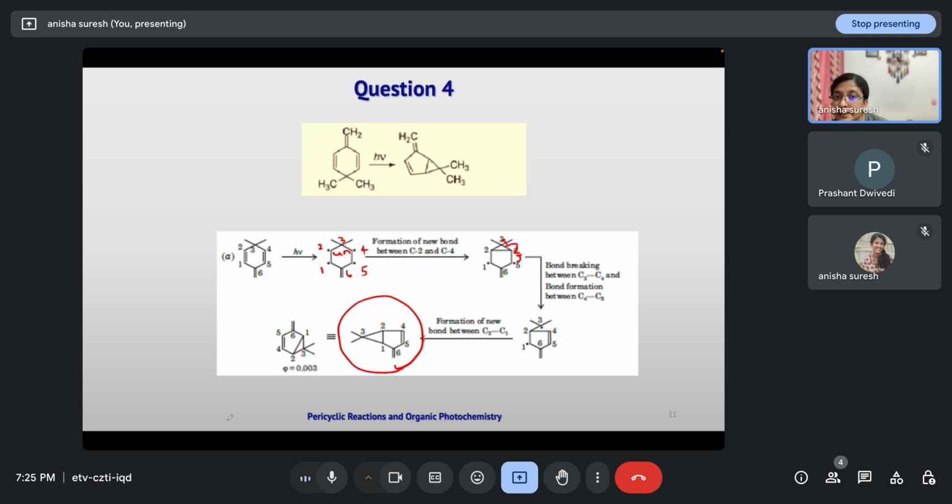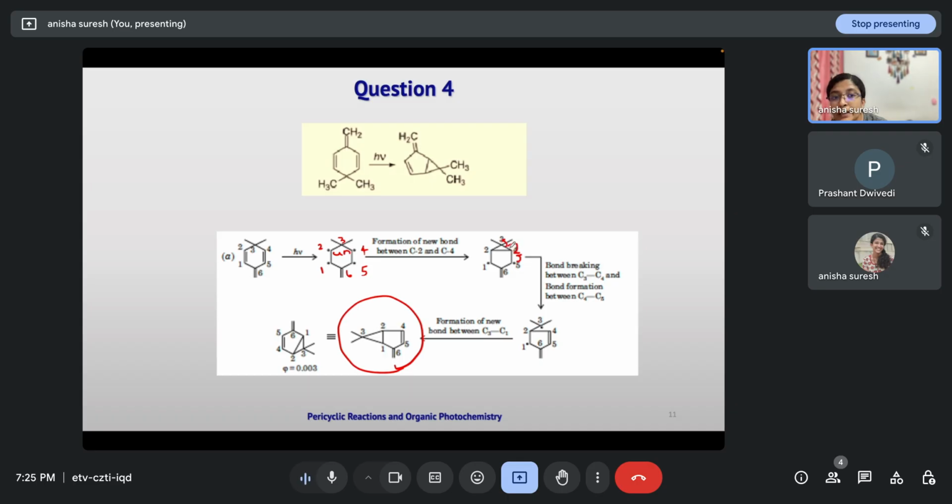Is the mechanism clear? First, upon irradiation, this tetraradical will be forming. Then bond formation will be taking place between carbon 2 and carbon 4, leading to formation of this intermediate. Then a new bond will be formed between carbon 4 and carbon 5 by this arrow pushing mechanism.